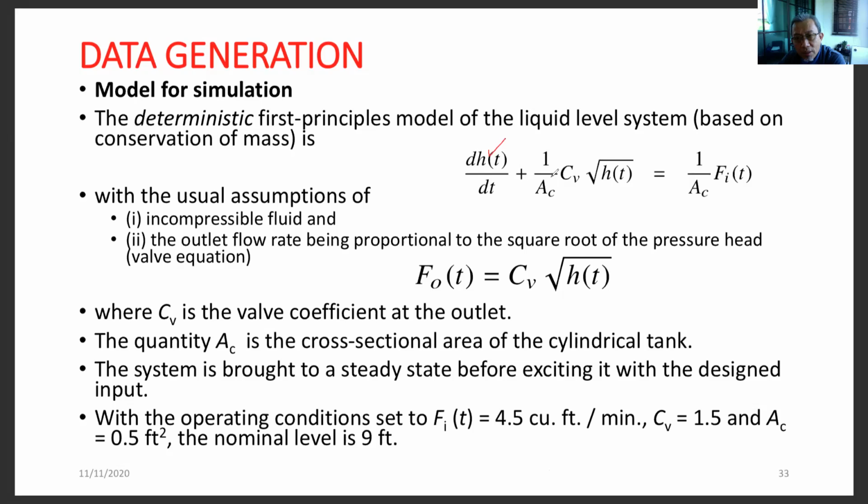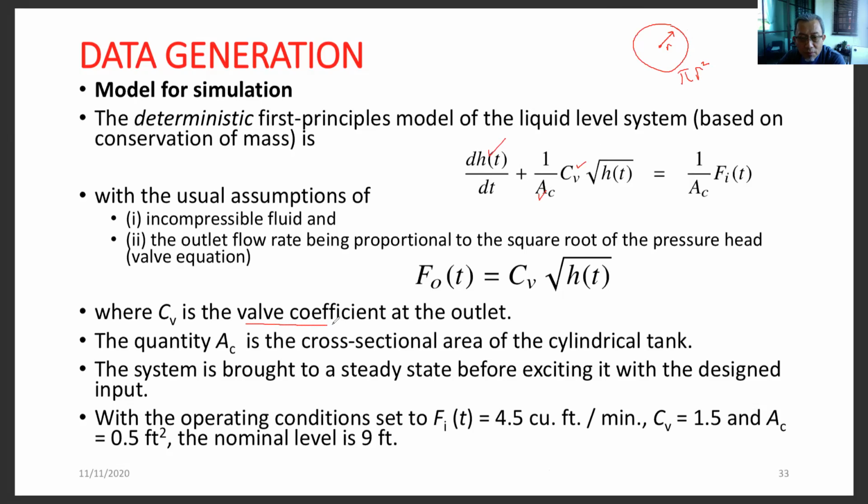Ac is the cross-section area of the tank. If this is a radius, the cross-section will be pi r squared. Cv is the valve coefficient of the outlet.